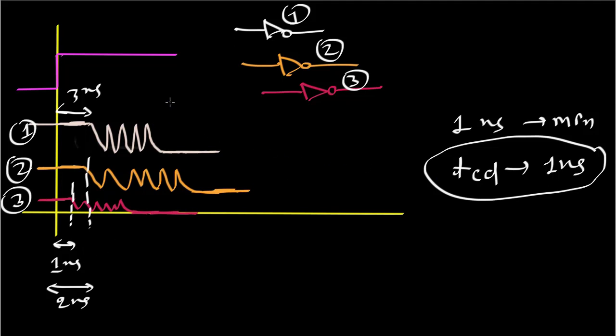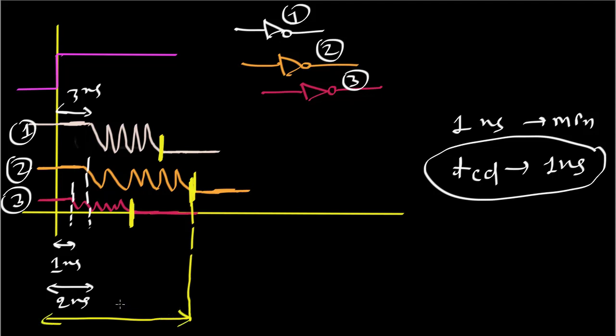Similarly for the TPD, if you see, the first NOT gate gets stable at this point, the second NOT gate gets stable at this point, and the third NOT gate gets stable at this point. So the maximum amount of time will be taken by this second NOT gate.